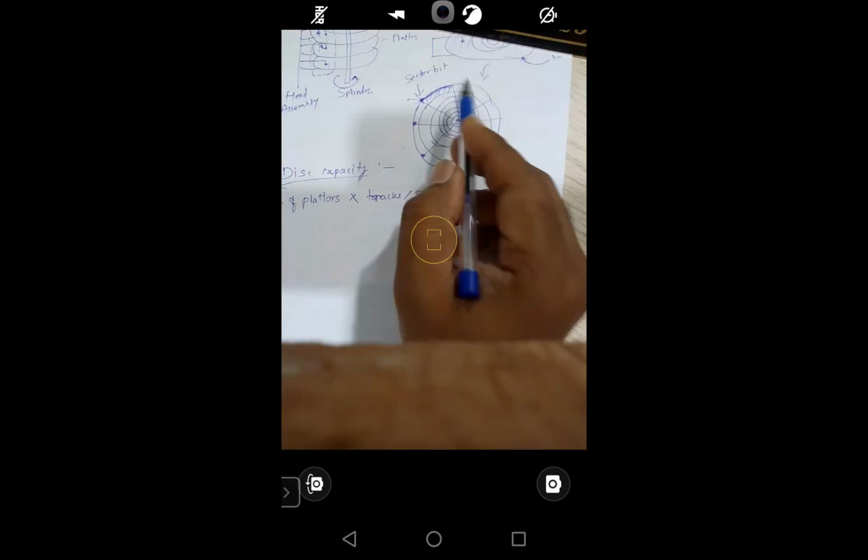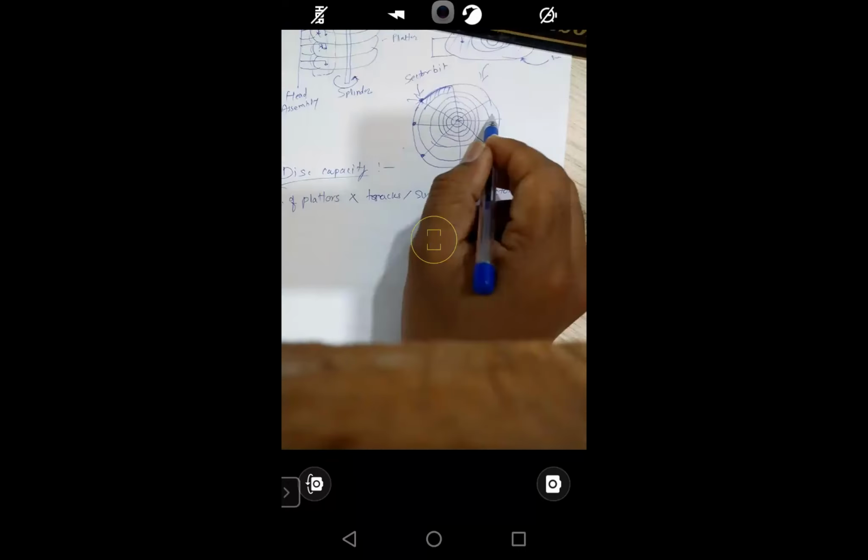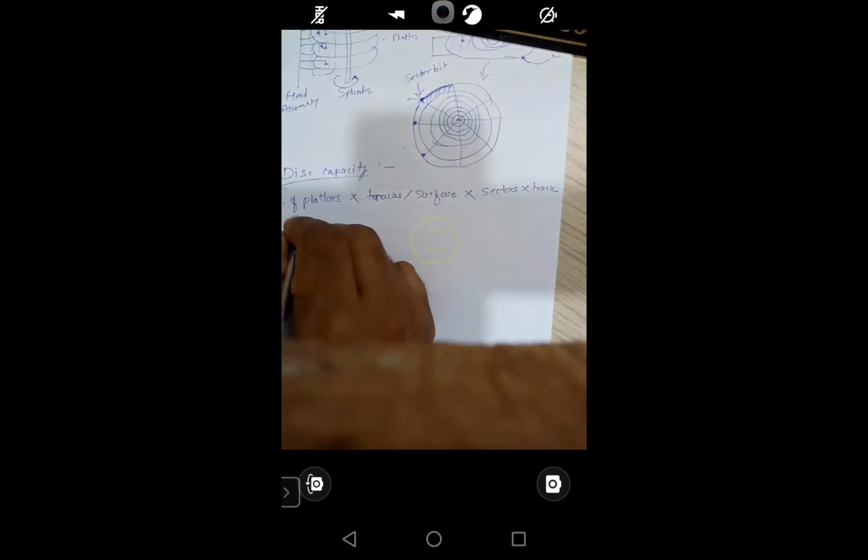So these are the sectors. How many sectors per track? This also we have to count. Again, into bytes per sector.